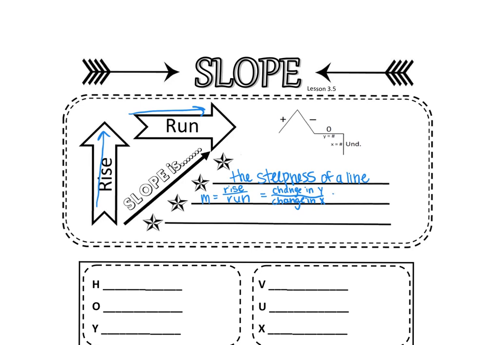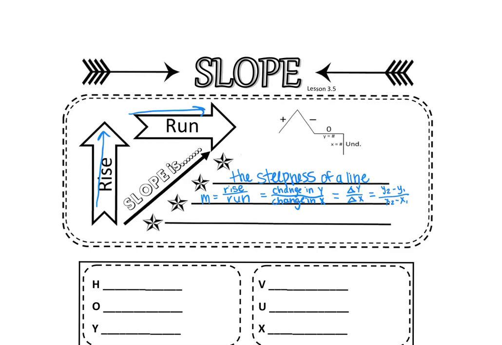And another way to write this, instead of writing out change, you can just draw a little triangle, which means delta, which means change. So delta y over delta x. And then our last formula, which is the one you'll see the most, is using coordinates. So it'd be your y2 minus your y1, and then x2 minus x1.